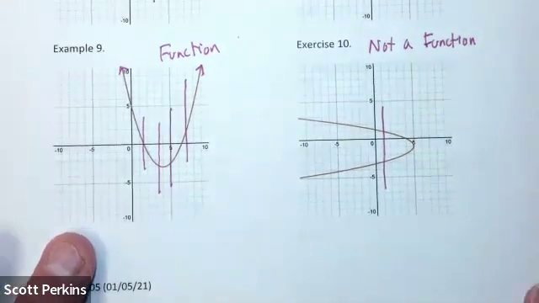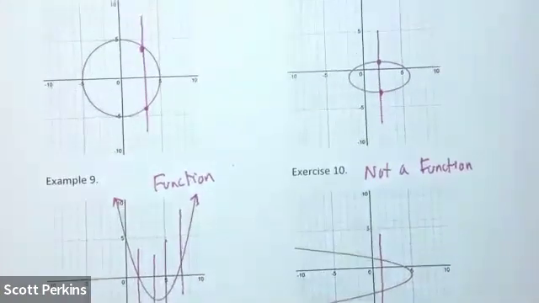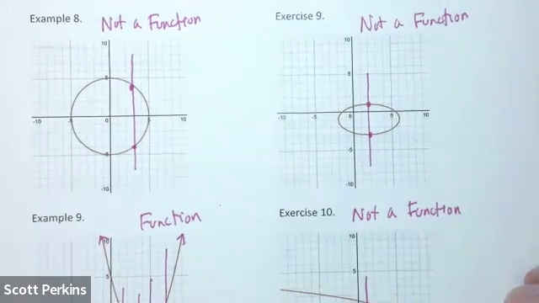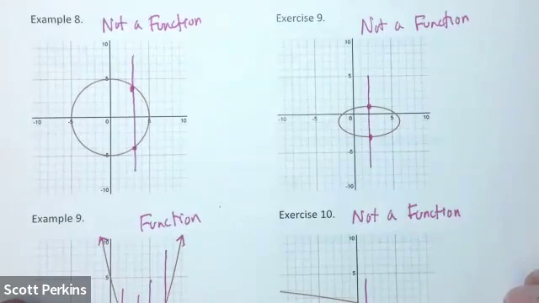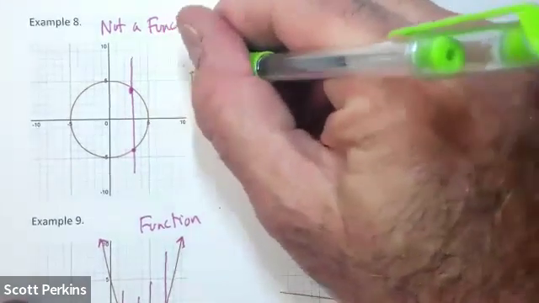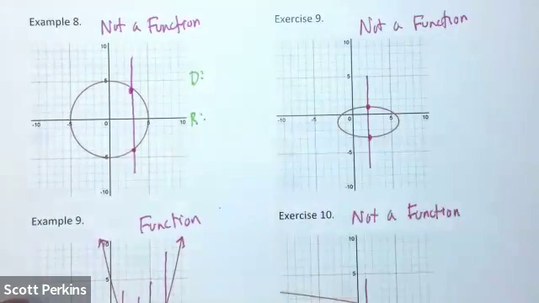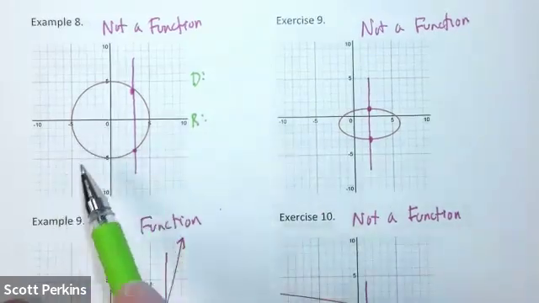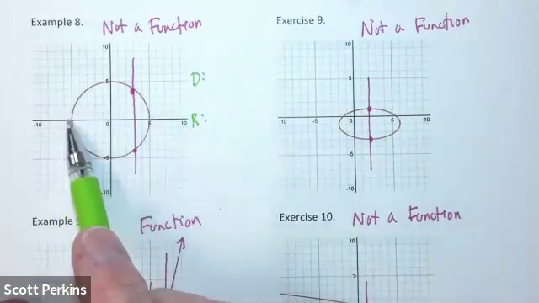All right, before we leave this page, one more thing. I want to identify the domain and the range of these. And this is where our new friend, interval notation, comes in and why we spent a moment talking about it. Okay, example 8. It's a circle. So my domain and my range. Remember, the domain is the x value. What I recommend while you're just learning this is to trace my pen along the x-axis.